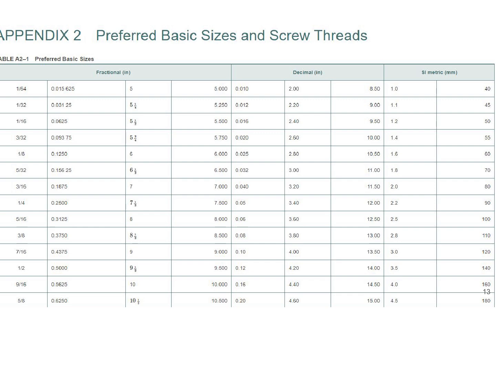So use this Appendix 2, the preferred basic sizes, to choose the final dimensioning of your machine elements that you will calculate. So your answers must be within these values in Appendix 2.